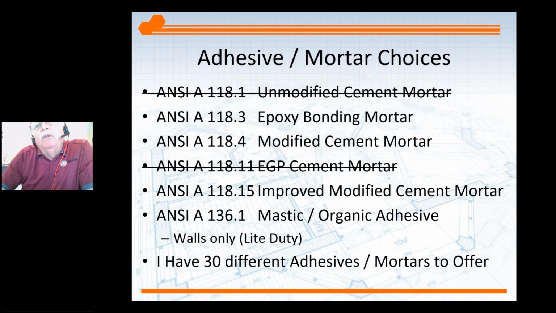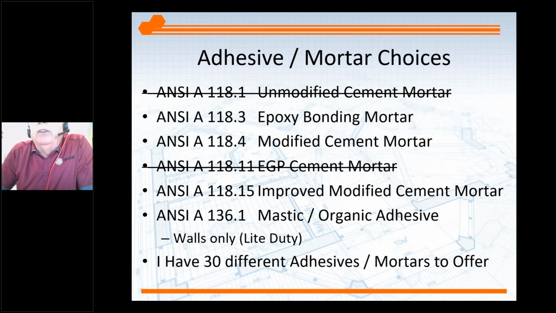Generally, we can also use our modified cement mortars or improved modified, but we'll want to test those. So anytime it has a fiberglass coating on the back of that, epoxy bonding mortar. Most bonding mortars are at least a 118.4 today, a modified cement mortar. And generally, if you're using heavy duty use, exterior installations, veneer installations, I'd recommend a 118.15, an improved modified cement mortar.